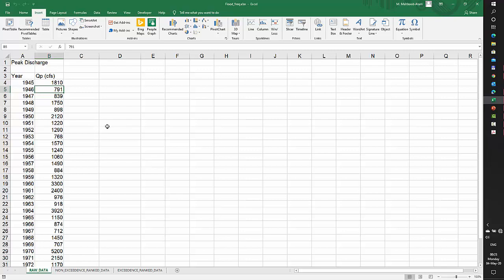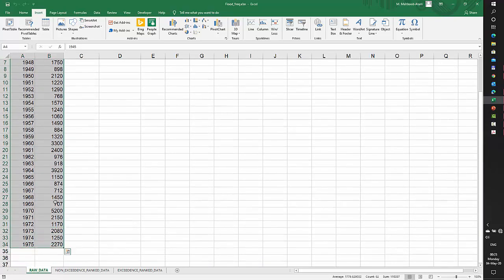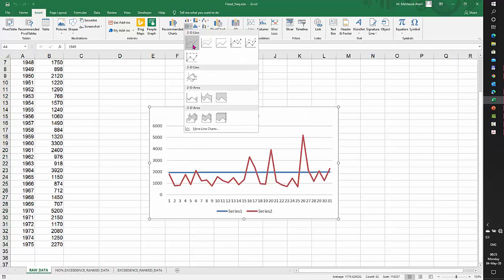Important thing, or let's say you should always keep in mind that the first thing that you should always do when you have a data is to plot a time series graph. Just go to the time series line and try to look at how the data looks like.